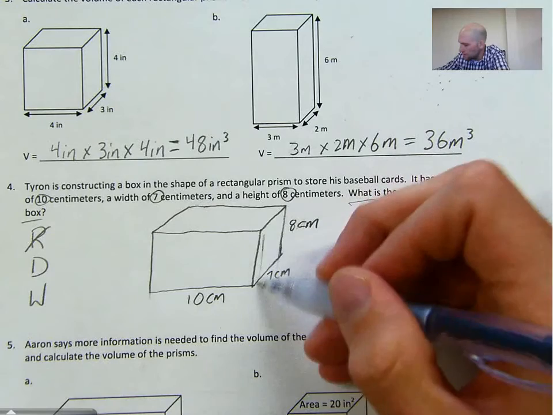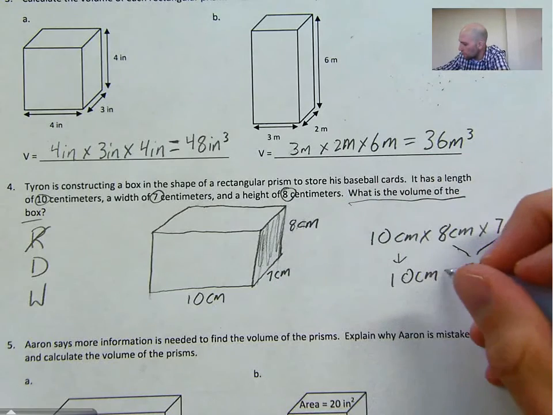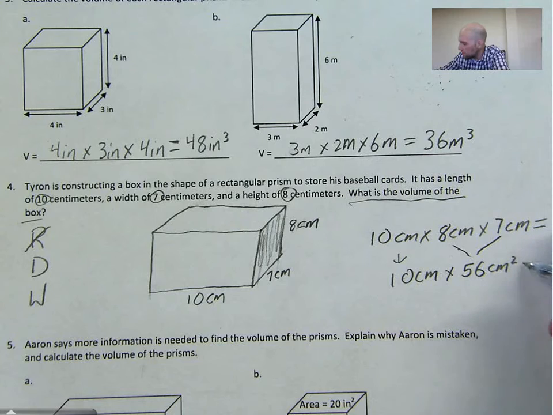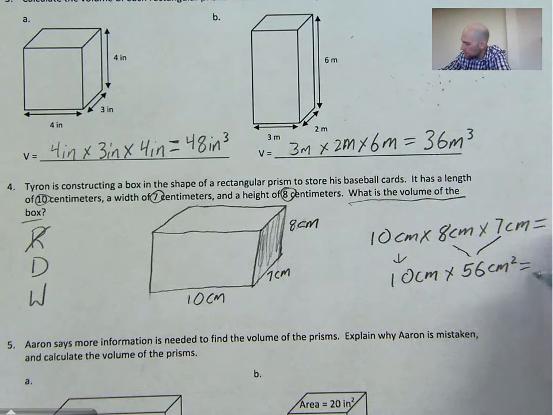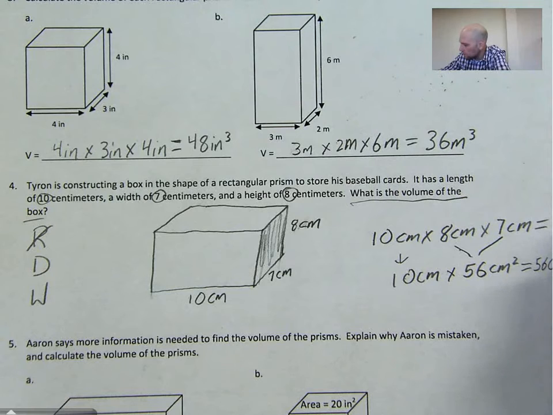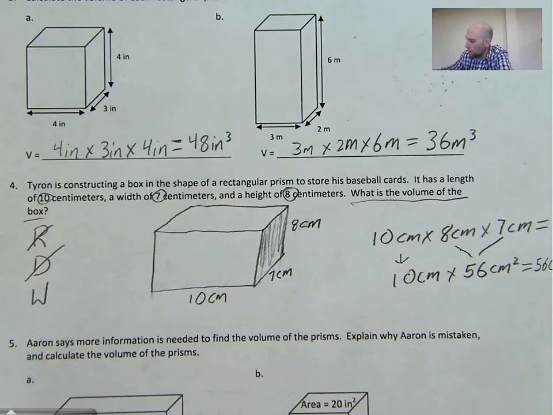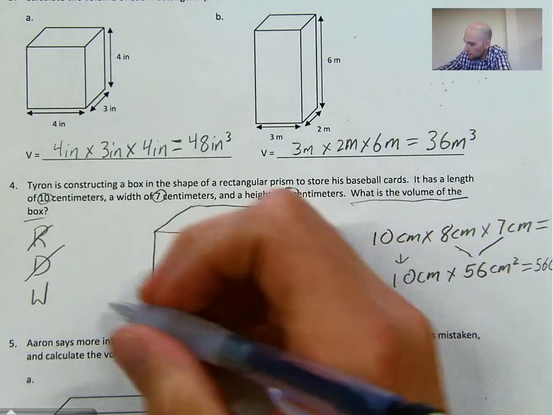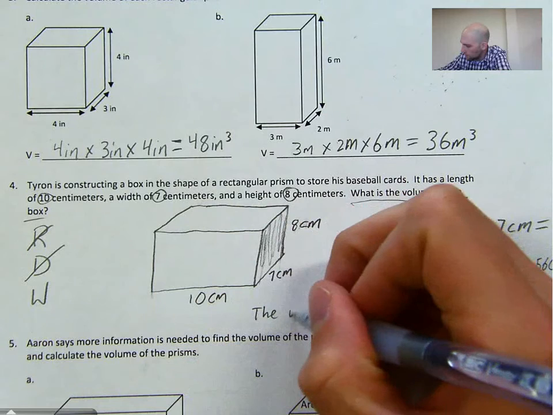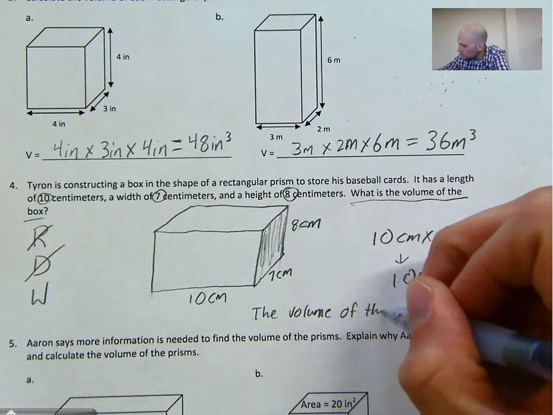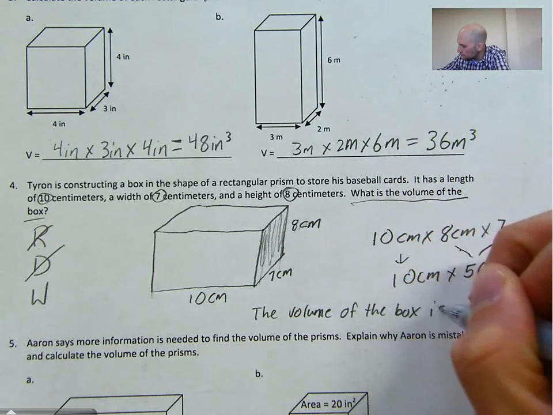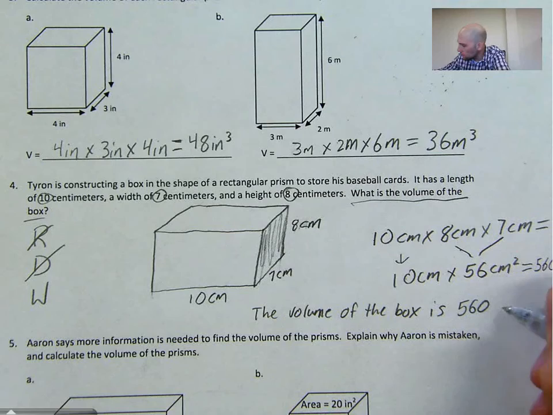So just my area on this one side here would be 56 centimeters squared, times 10 more centimeters, which is my length, how many layers I have. And I'm going to end up with 560 centimeters cubed, cubic centimeters. So I'm done drawing, and I have to write my answer here. The volume of the box is 560 cubic centimeters.